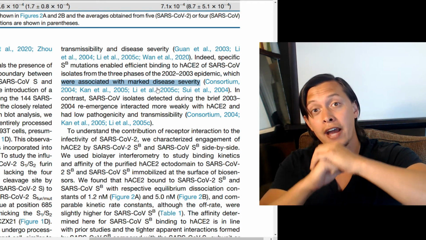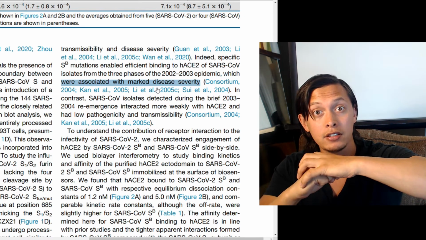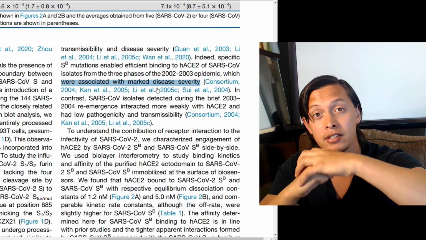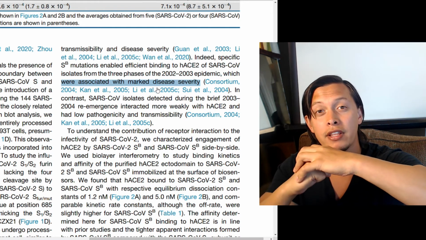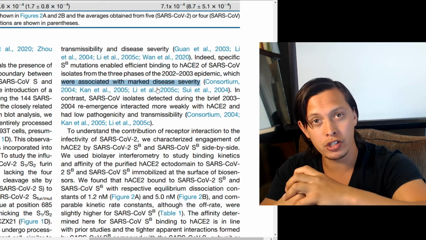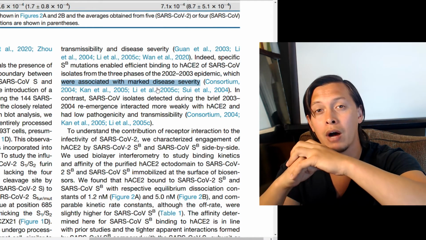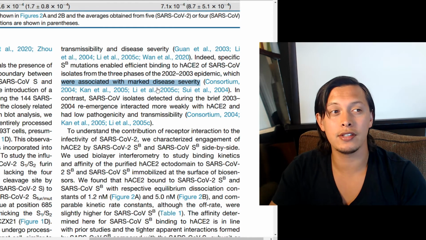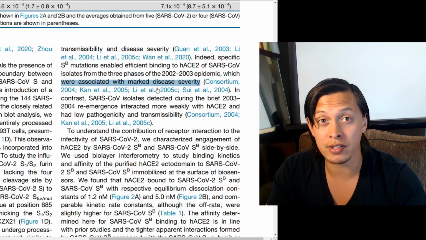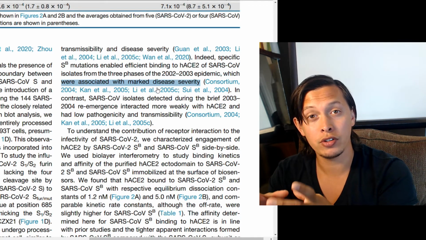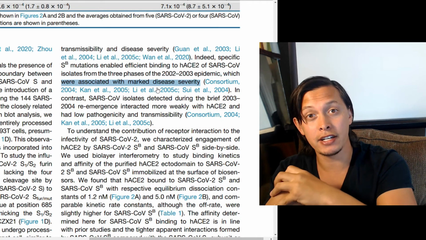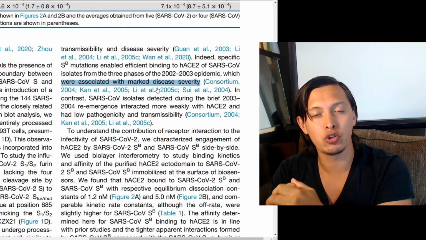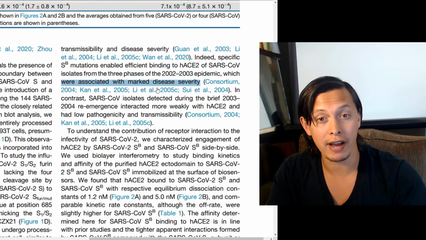And what they found is the stronger the affinity, the more the spike protein stuck with the ACE2 receptor, and that strength was associated with a more pathogenic version of the disease. This might not be the case with all viruses, but for the original SARS outbreak, the binding affinity was associated with how serious the disease was for the individual who got that particular strain of the virus.